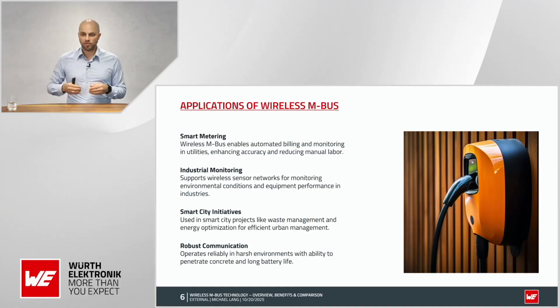For example, with the wallbox application, the power connection is there, but whether a data transmission is available is always a question, and therefore wireless M-Bus could be a very good solution to have a smart metering solution there.